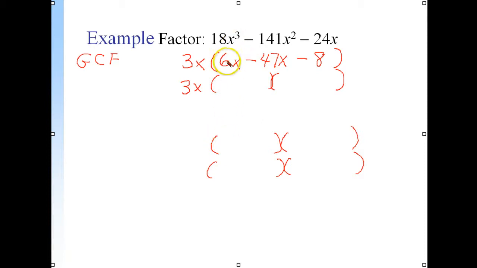So I have a 6x squared there. And what factors do I have? Well, I could have a 6x and an x, or it could be a 3x and a 2x. This is what I showed a little bit on the initial slide.